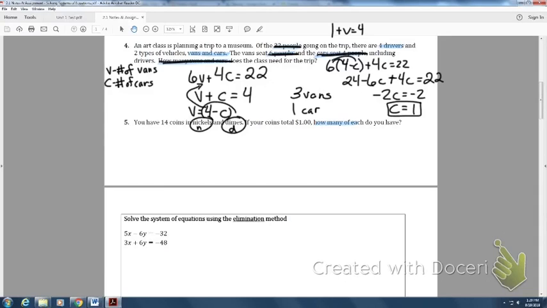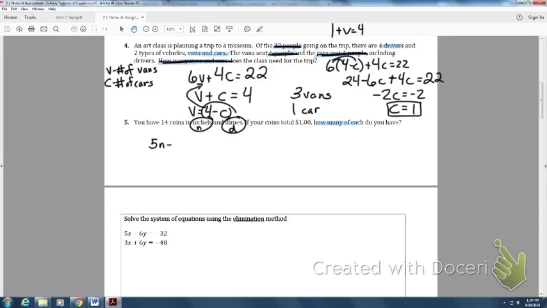Got that, Carlos? Yeah. Alright, so what is one of my equations going to be on this one? 5n and 10d equals 1.00. Don't need any decimals in there? 1.0. Okay.